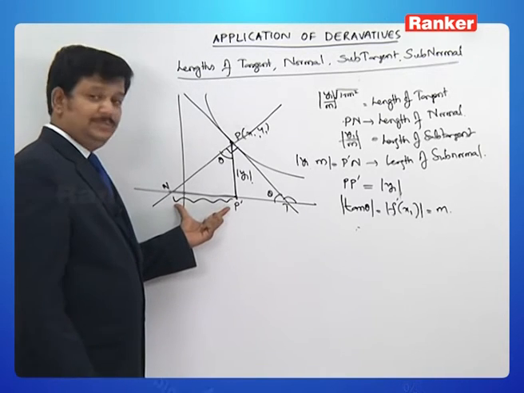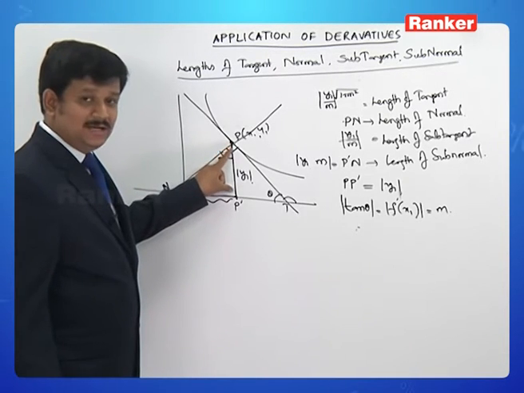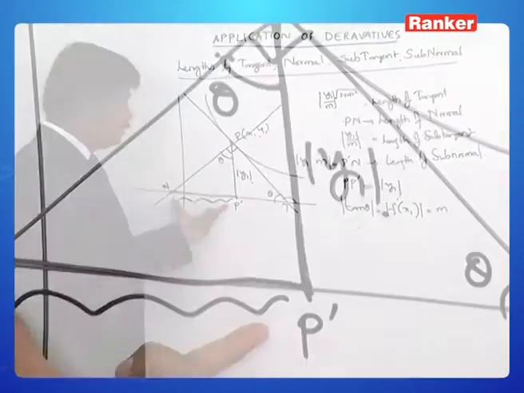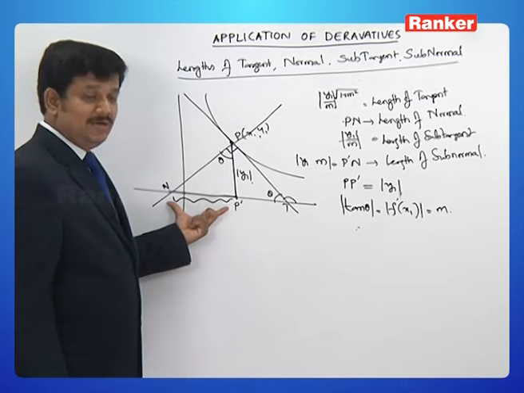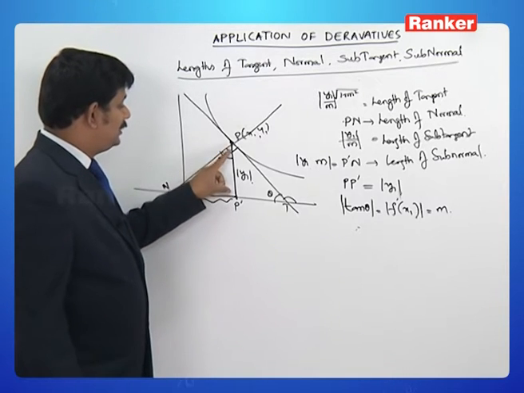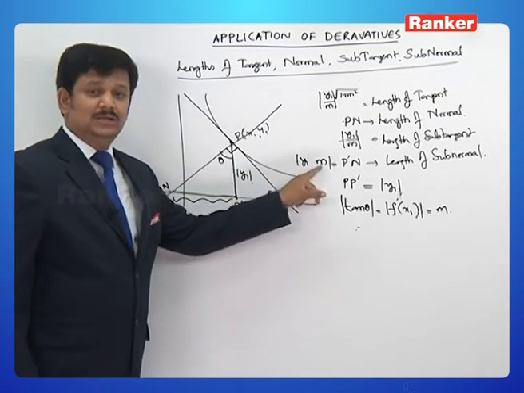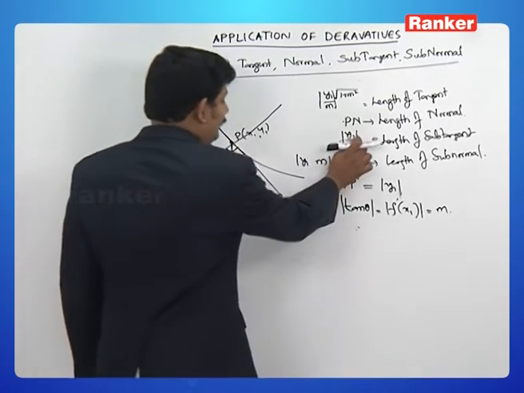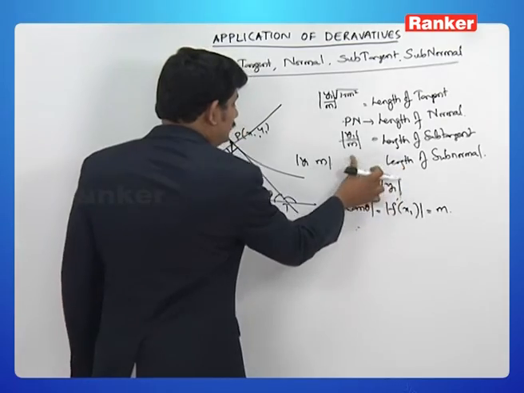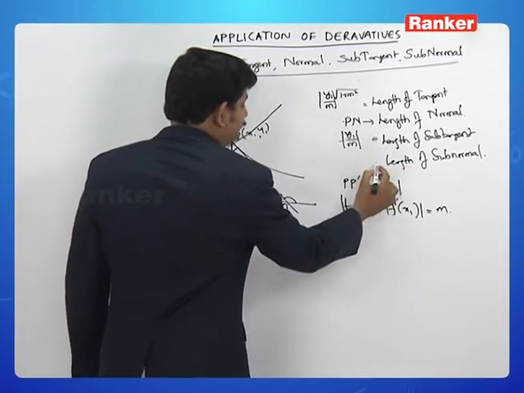Opposite side to theta divided by adjacent side is tan theta, so the opposite side is adjacent side into tan theta. So P dash N, our subnormal, is given by mod y1 into tan theta, which is mod y1 into m. So length of the subnormal is equal to mod y1 into m.